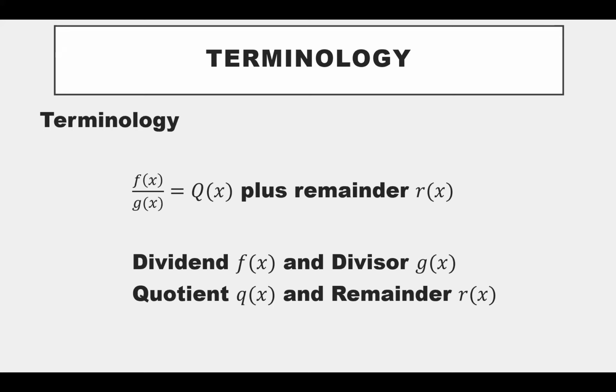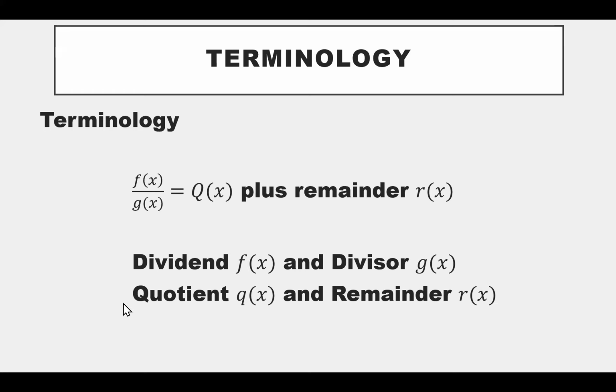If I have two polynomials divided, f of x divided by g of x equaling q of x plus remainder r of x, we say that the dividend is f of x, the divisor is g of x, the quotient is q of x, sometimes uppercase Q, sometimes lowercase q, and the remainder we'll call r of x.